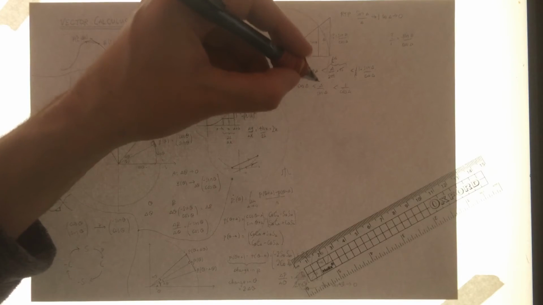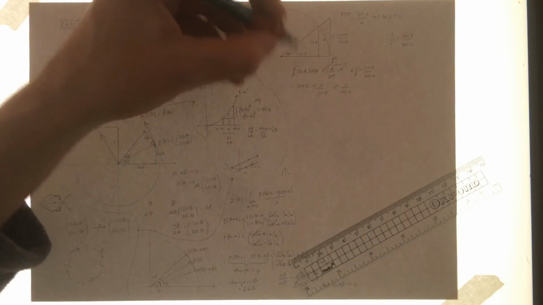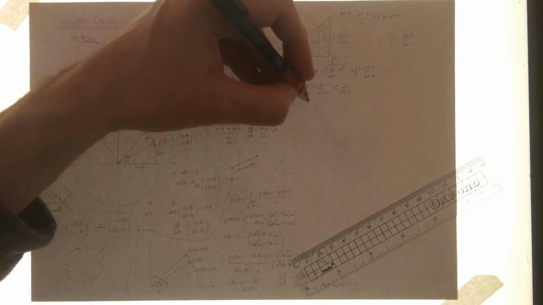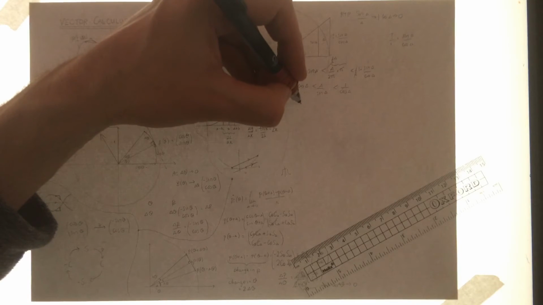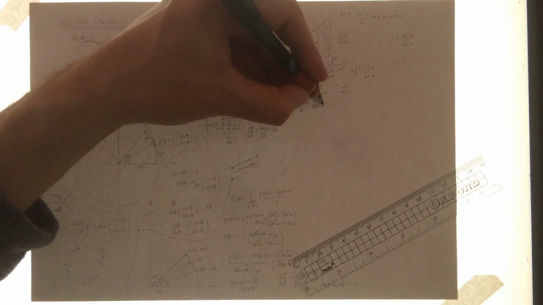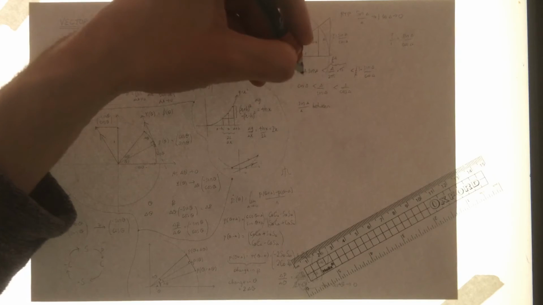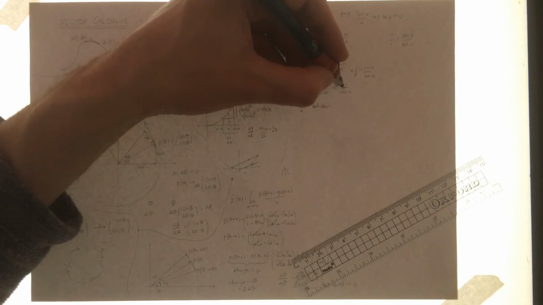So delta over sine delta is between cos delta and 1 over cos delta, so just flip everything and you get sine delta over delta between those 2 points, because 1 over cos delta flipped is cos delta, and likewise.